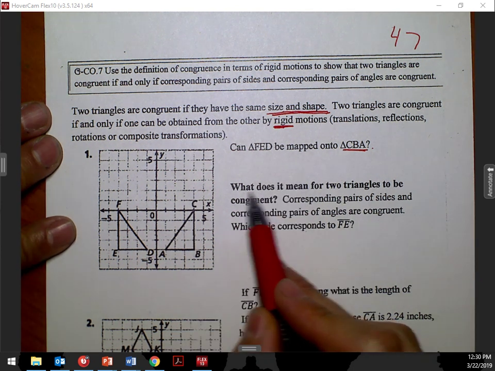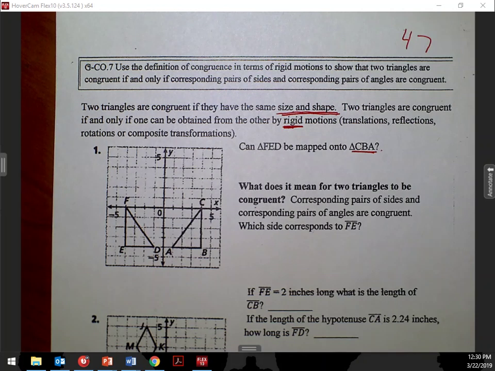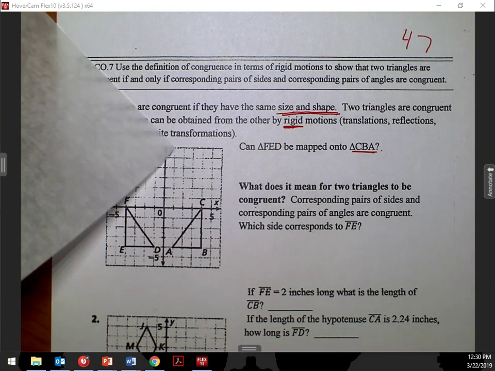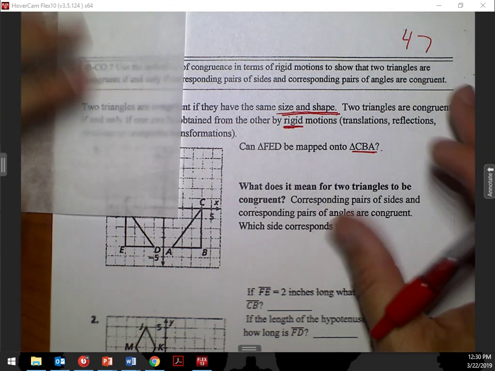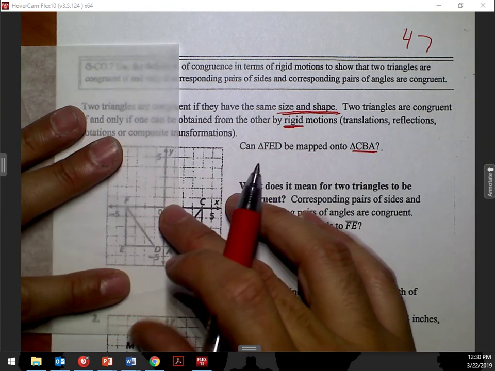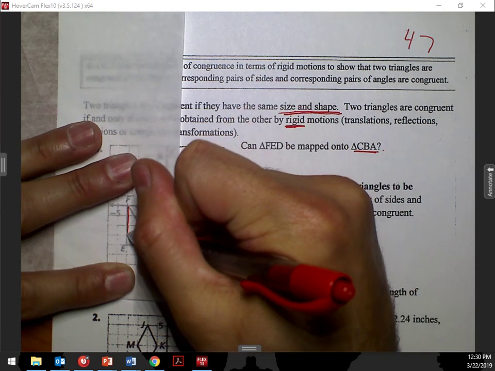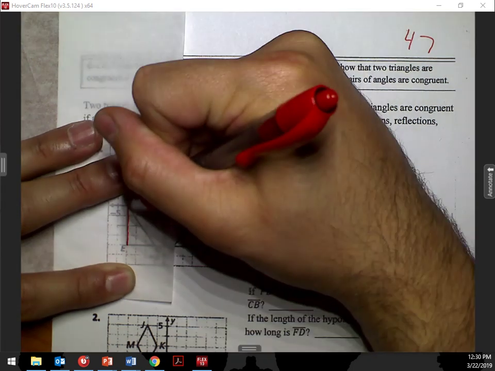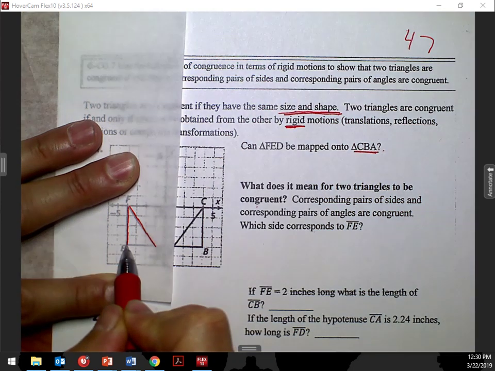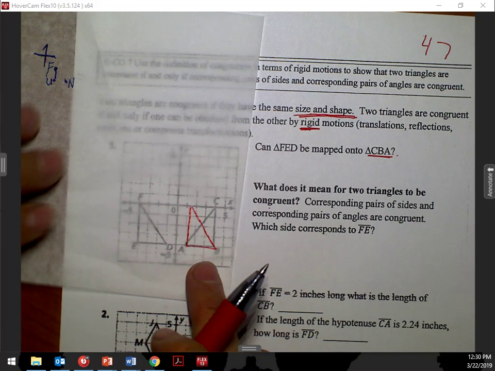So what does it mean for two triangles to be congruent? Let's take a look. I'm going to show you guys. You don't need the patty paper for this. I'm going to show you specifically why this works. So we're just going to map it. It's not going to be any specific type of flip, slide, or rotation. So I'm just going to trace it out on my patty paper just to show you. If I slide it, that's not going to work.